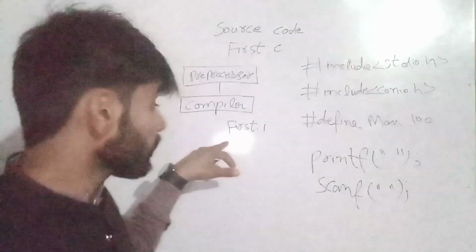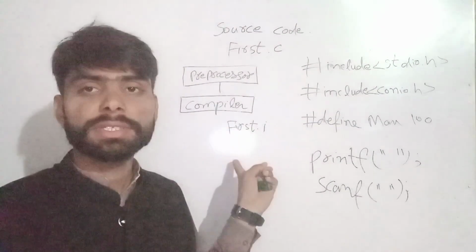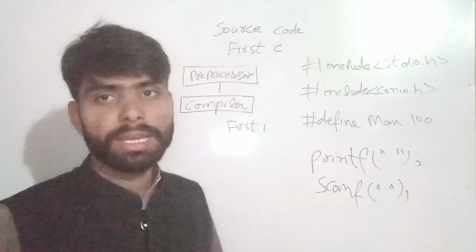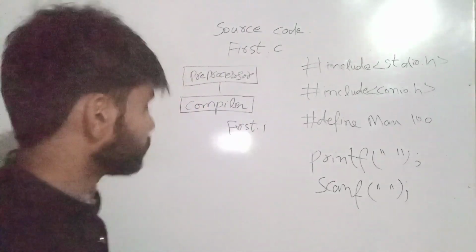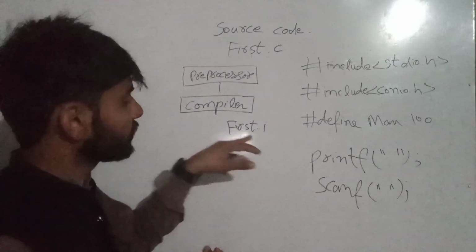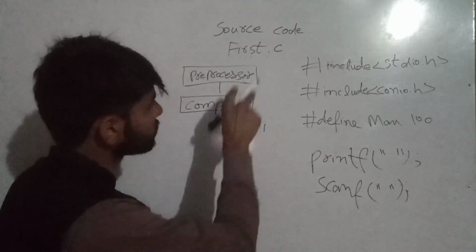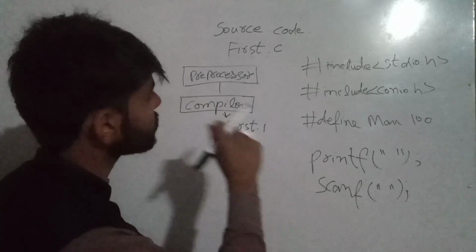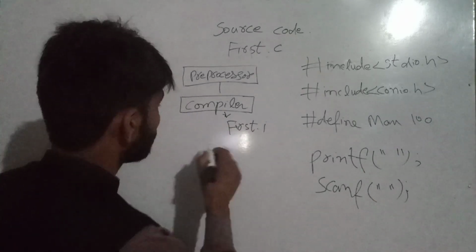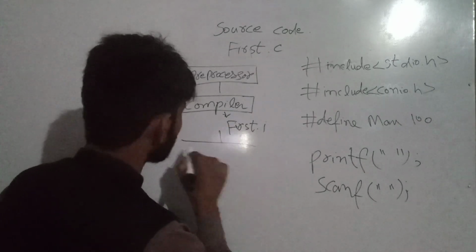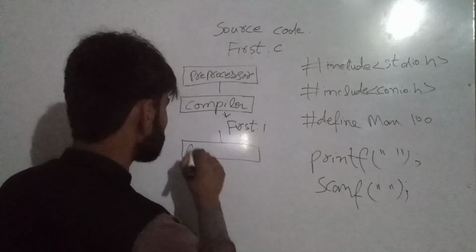So your program is in intermediate form, not yet translated into machine level language, right? If there is no error, then the compiler translates your first.c into first.i, and then an assembler is used.